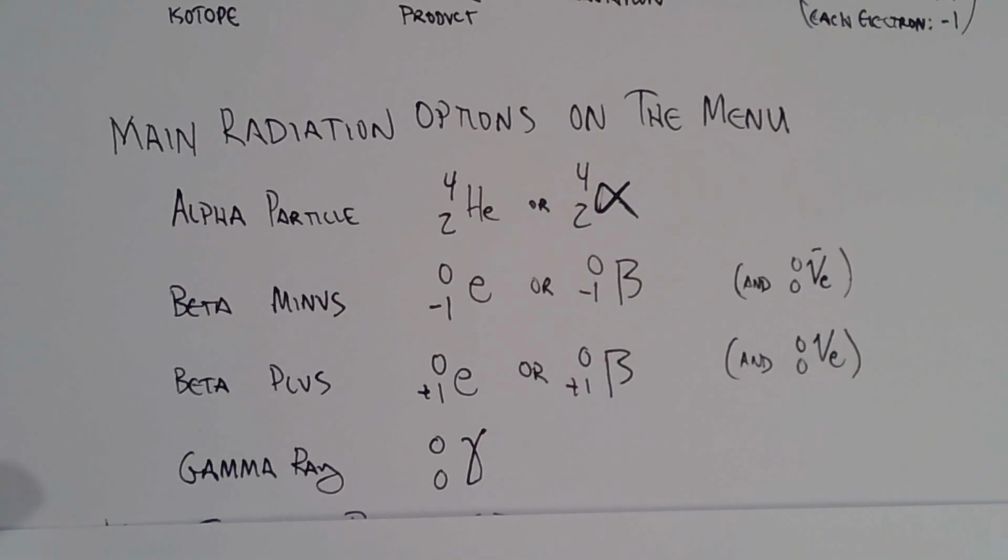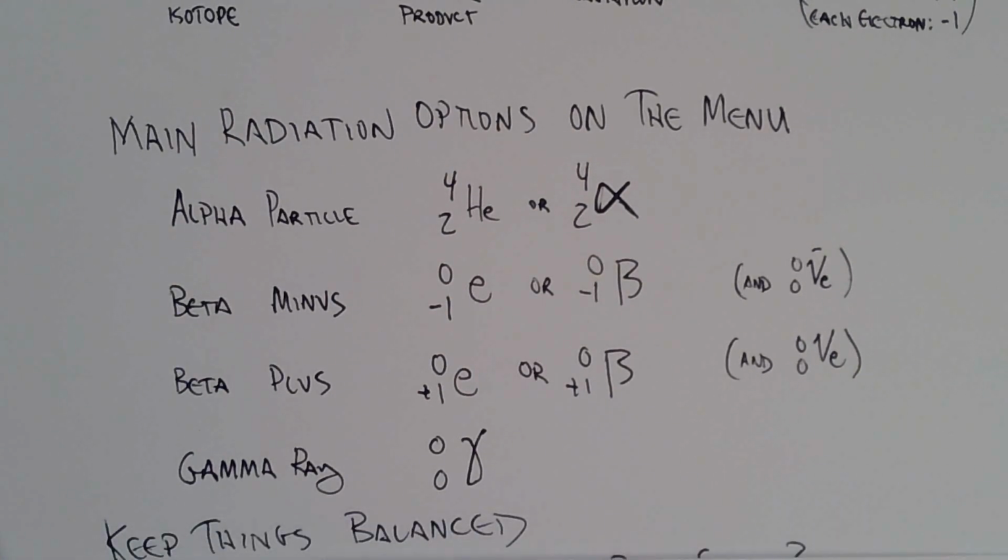I can't think of a gamma decay particle off the top of my head, but any isotope that decays with a gamma ray is the same isotope afterwards, it just has less energy. So calculation-wise, it's kind of a moot point for what we need to do for today. Important to remember.